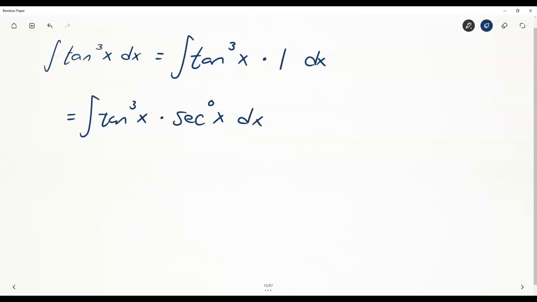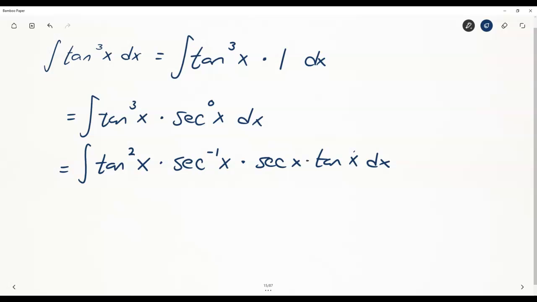So I am going to break off a factor of secant of x tangent of x. Now you might be saying, but there are no powers of secant here to give. But what if I did this? Tangent squared of x times secant to the negative 1 of x times secant of x tangent of x dx.